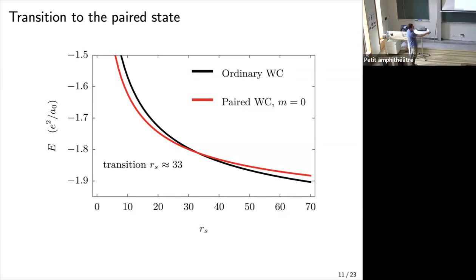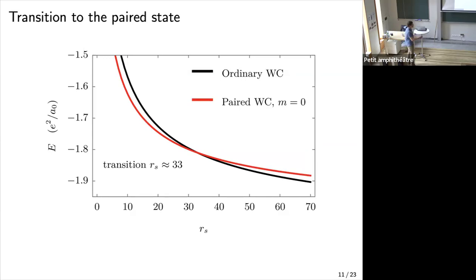And here I'm reminding you that these pairs have zero orbital angular momentum. And what we find, at least at the level of the approximations that we've discussed, is that there is indeed a crossing. So at large rs, the ordinary Wigner crystal dominates, and at sufficiently small rs, in this case at rs of roughly 33, there is indeed a crossing point where the paired crystal becomes the state of lowest energy.